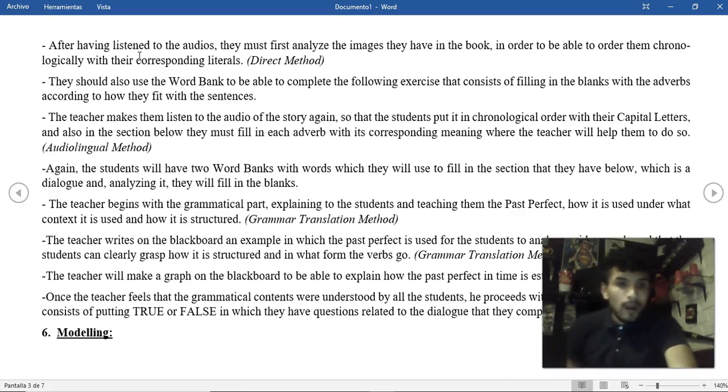The teacher writes on the blackboard an example in which the past perfect is used for students to analyze, so the students can clearly grasp how it is structured and in what form the verbs go.